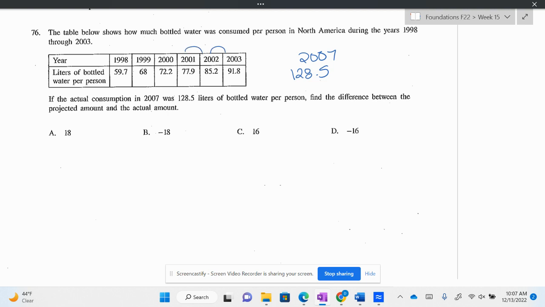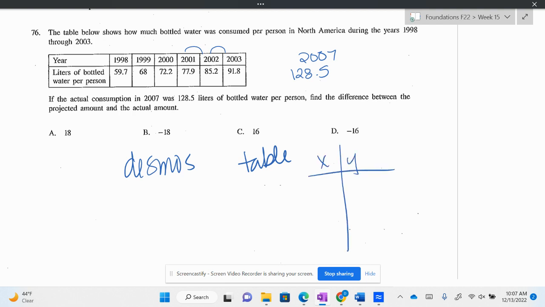Or actually, we're going to use Desmos. We would use Desmos and we would build a table, right? Our table, x and y chart. You'd make your table, put in your ordered pairs. It started from 1998, so I would do 0, 1, 2, 3, 4, 5.